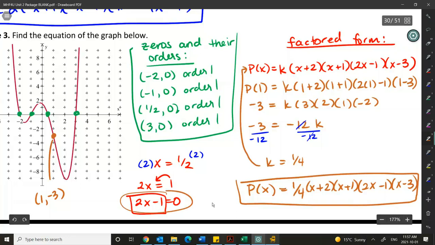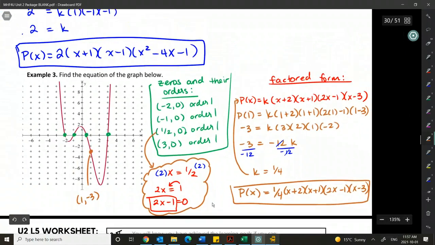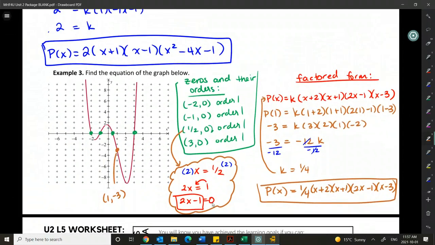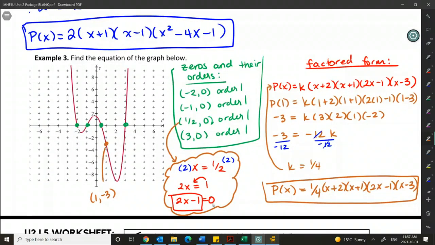It has to be in the form ax minus b. Okay, so just a tiny little difference from what we did in our first unit. Okay?